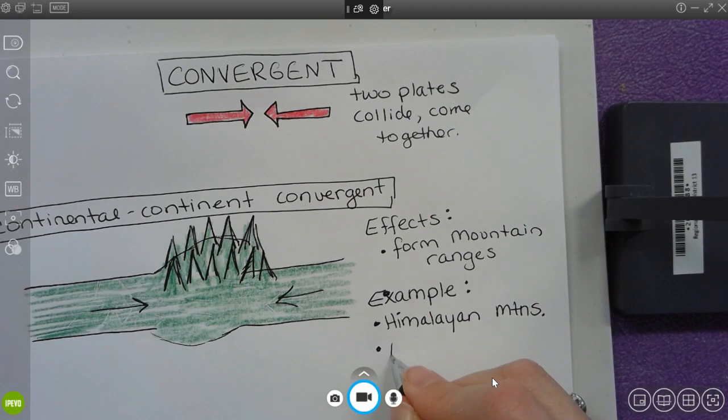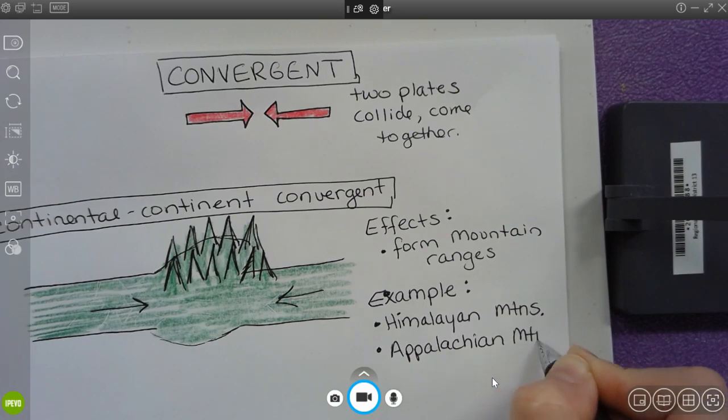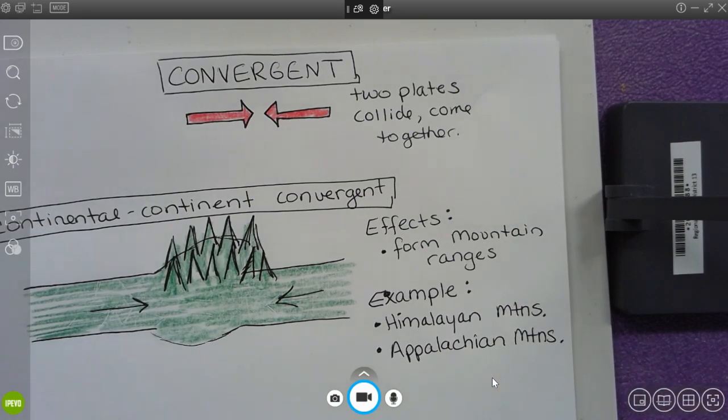But another example is the Appalachian Mountains. Now, the Appalachian Mountains here in the eastern United States actually started out looking just like the Himalayas. Very jagged, all right? But over time, they have rounded out, and they're much less jagged.